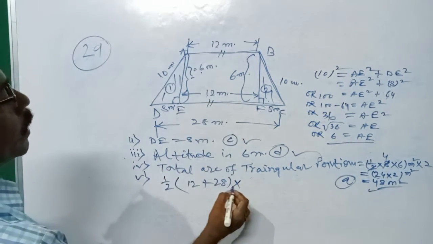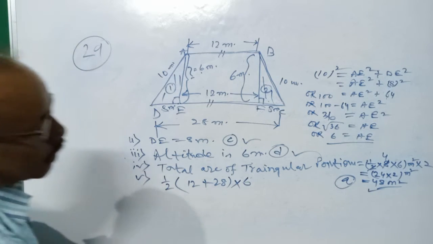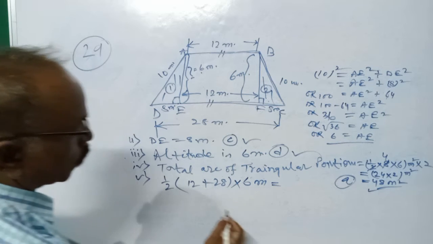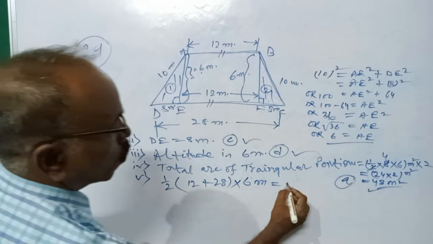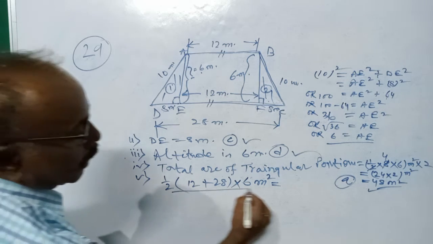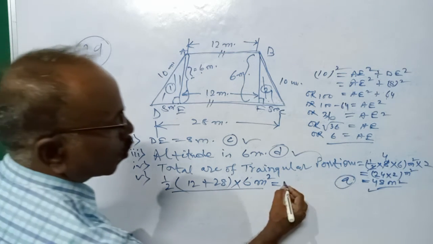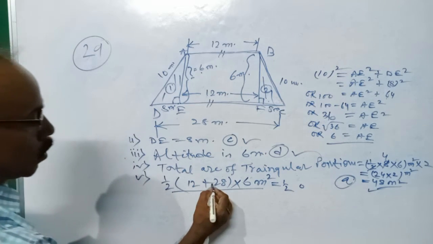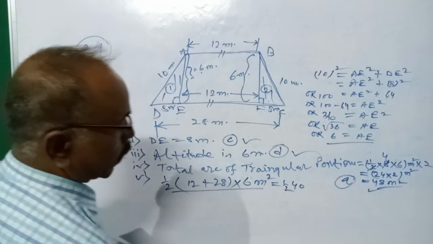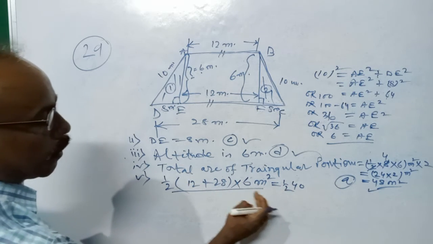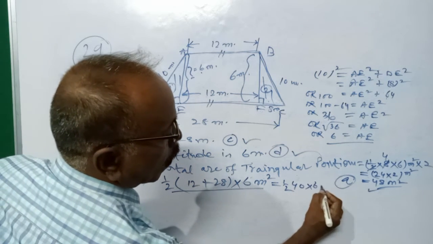Height is 6 meter. So area is equal to half into 40, since 28 plus 12 is 40, into 6.